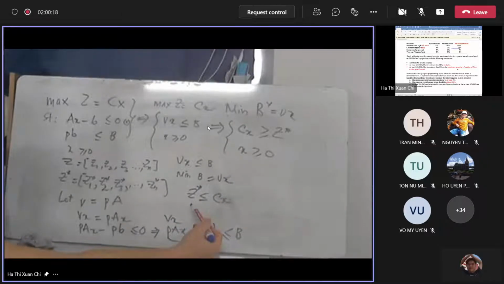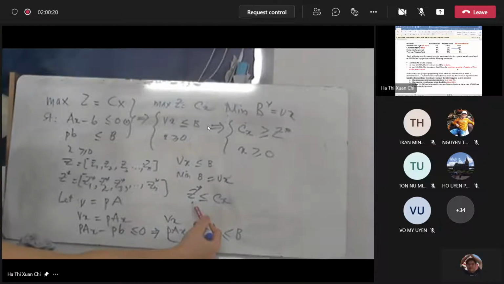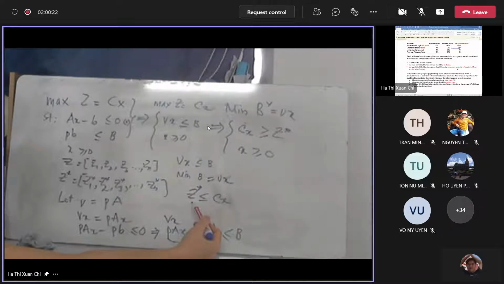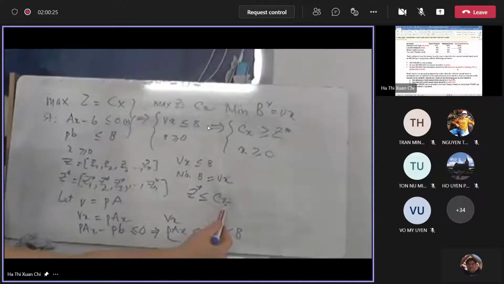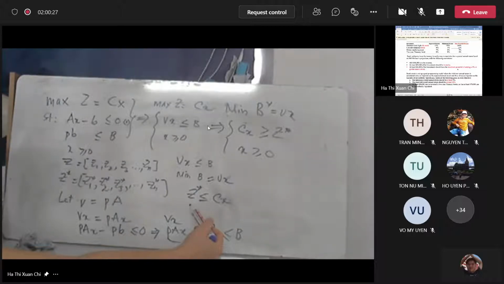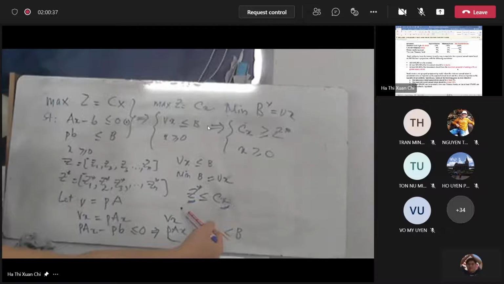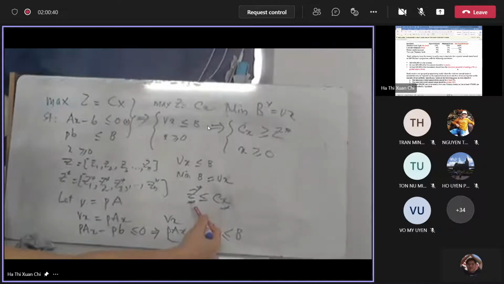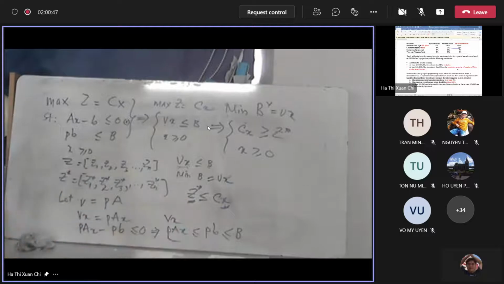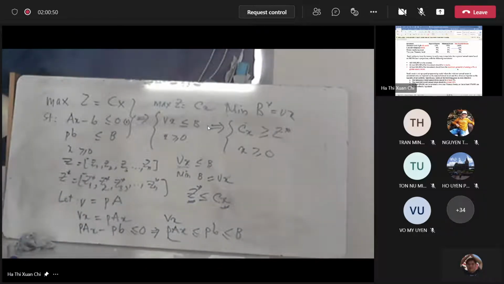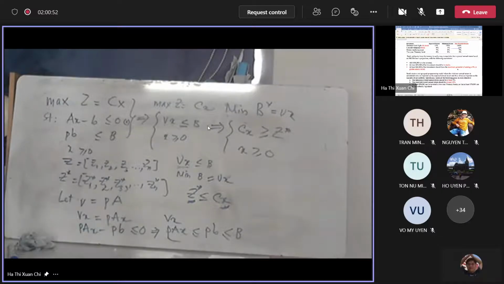So it means that the maximum of Z here will be equal to Cx. Maximize Z equals Cx here. Minimize B will be equal to this. Is everyone clear?